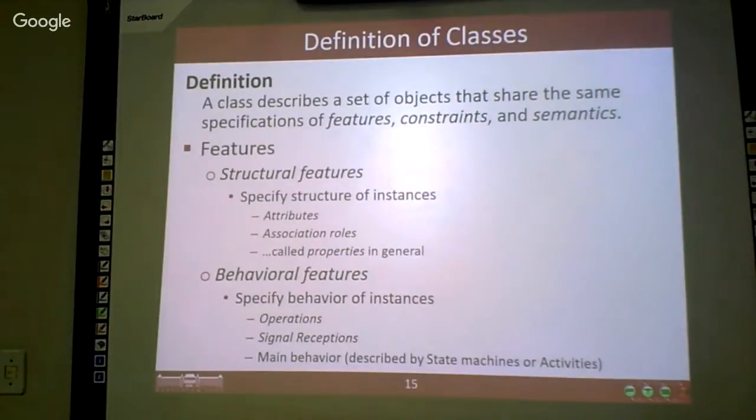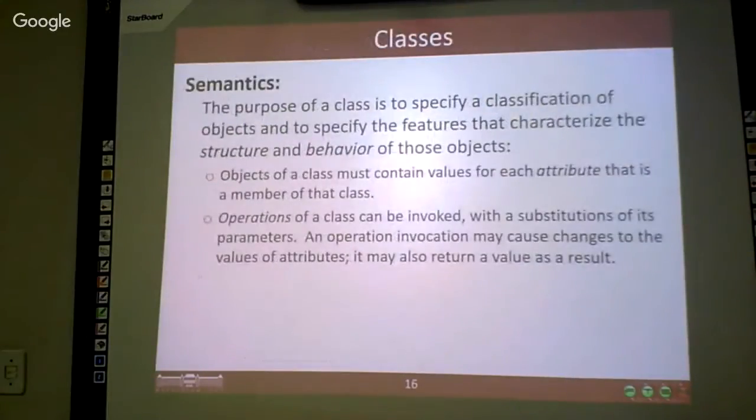You will see later that we will describe these behaviors, for example, with state machines or activity diagrams. So the semantics of classes: the purpose of a class is to specify a classification of objects and to specify the features that characterize the structure and behavior of those objects.